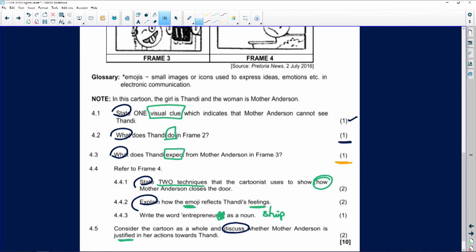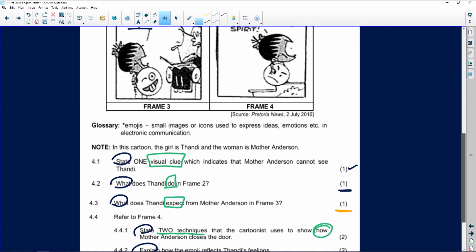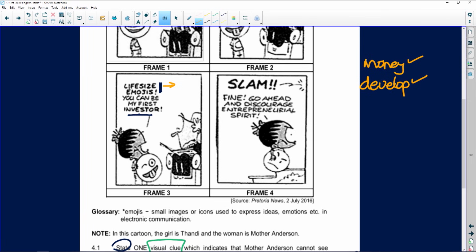Right, 2 techniques to show how she closes the door. And what frame are we in? Quite important, we're in frame 4. So 2 techniques. Remember, state it. So you start with saying the word slam shows that the door has been banged.